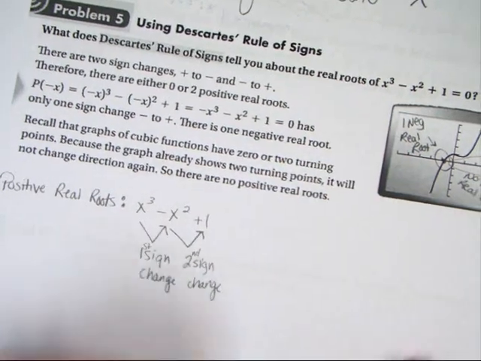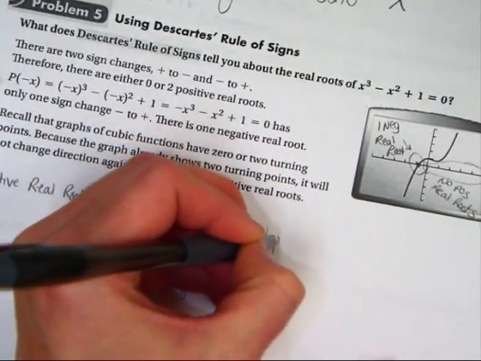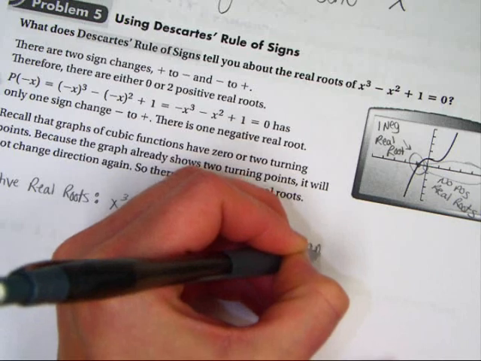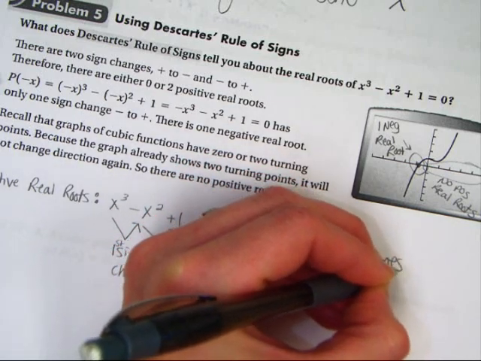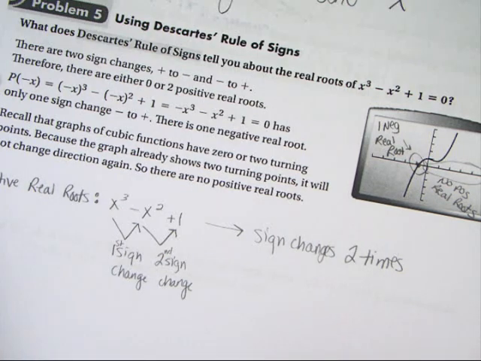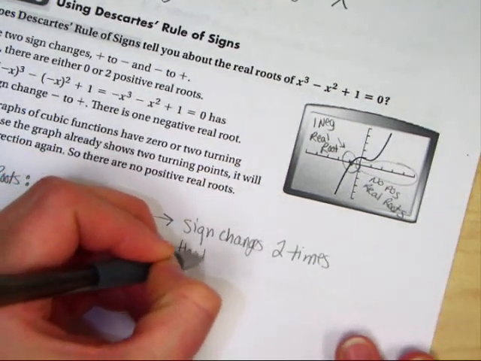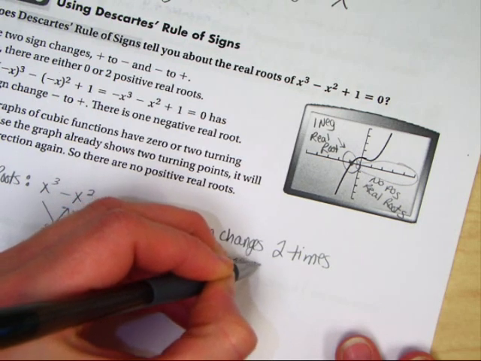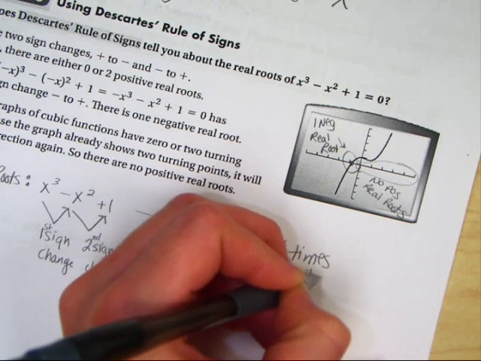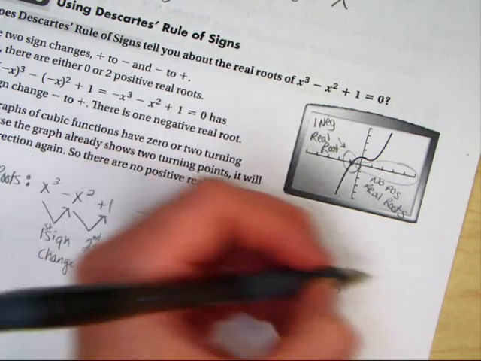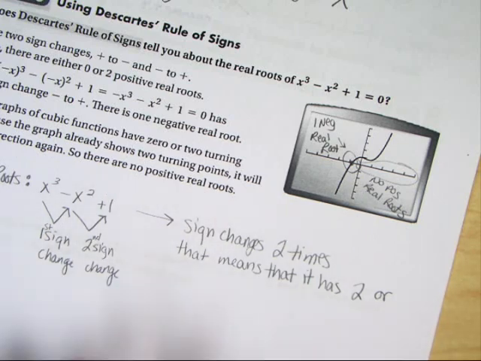All right. So what I'm going to write over here is that the sign changes 2 times. So here's Descartes' rule. If the sign changes 2 times, that means that it has, you ready? 2 or, now here's what his rule says.